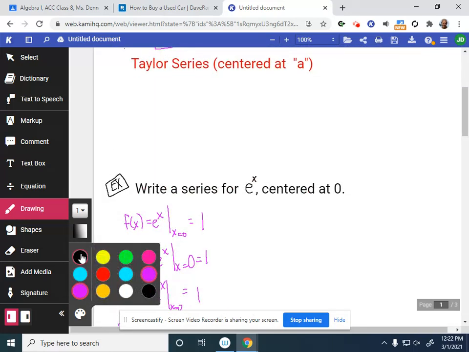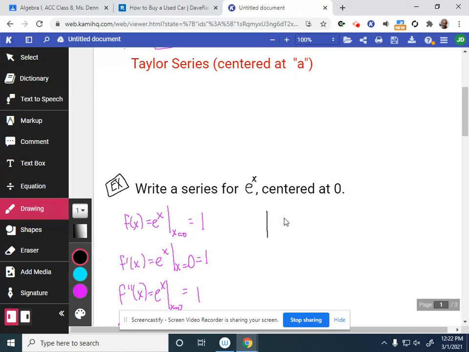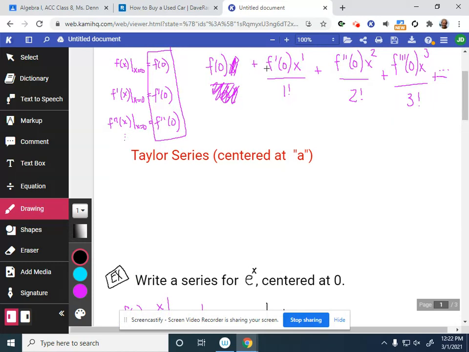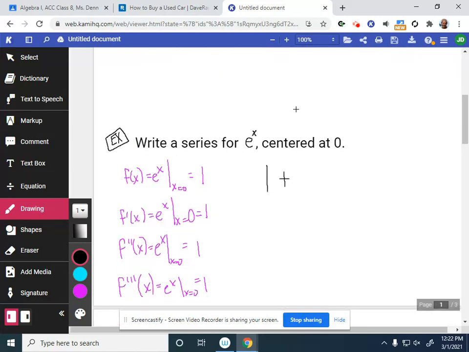So my series is going to be 1 plus the first derivative of f at 0 times x to the first over 1 factorial. My first derivative of f is 1, so I have 1 times x to the first over 1 factorial. Then I have the second derivative of f at 0 times x to the second over 2 factorial, and so on.